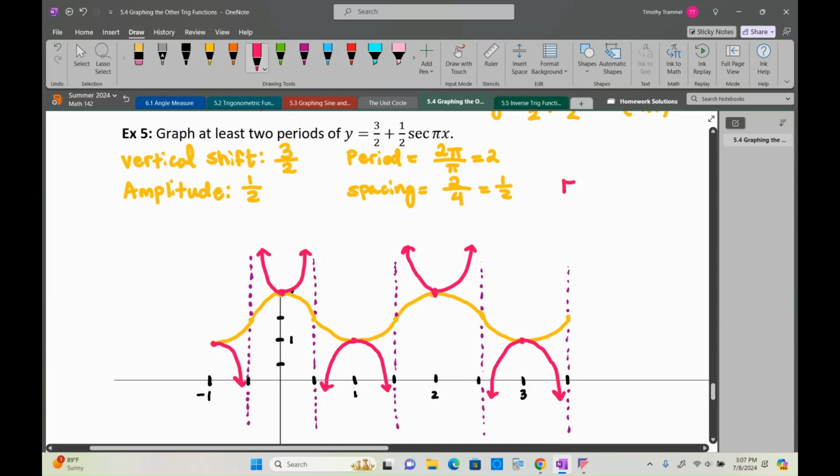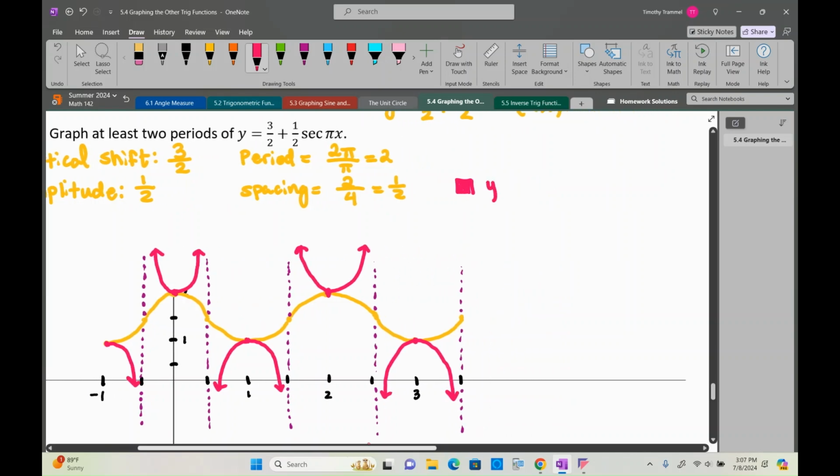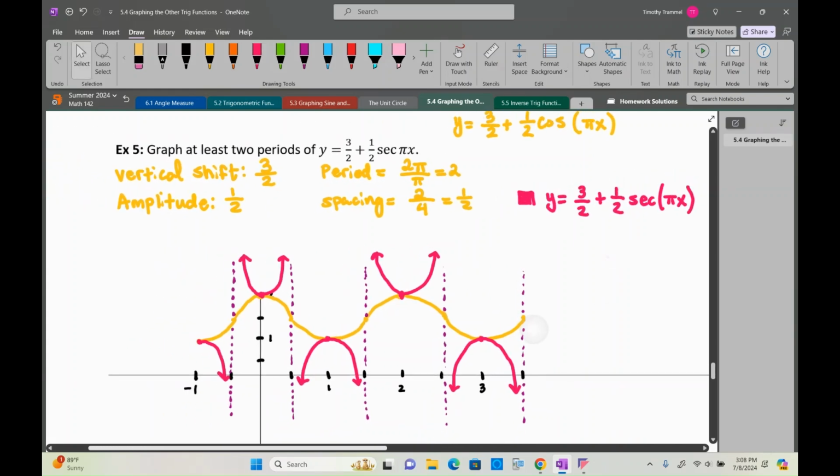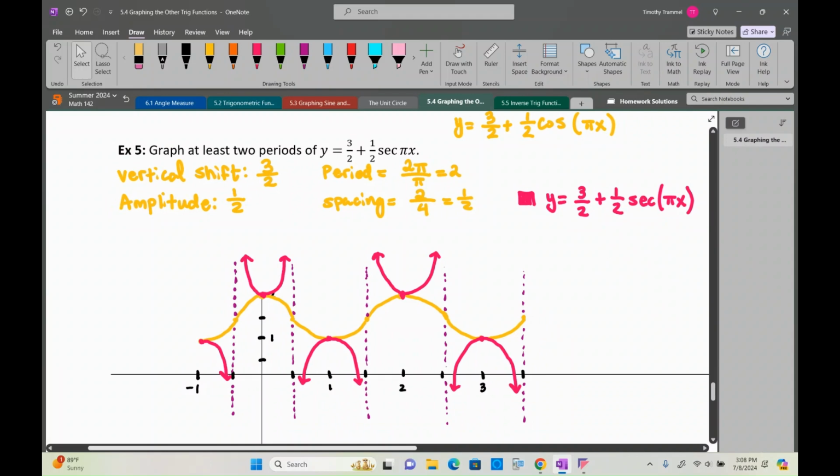And so here in the pink, we have the original function, which is that 3/2 plus 1/2 secant of pi x. There we go. All right. And I know that we have a little more than 2 periods because I see 2 sets of these upward and downward facing shapes here.